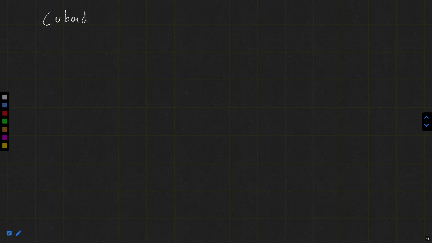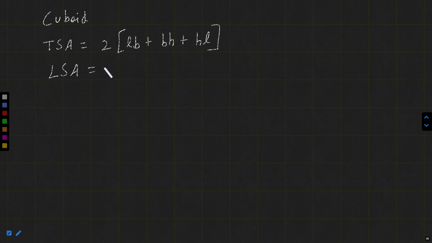So recall with me. The cuboid total surface area was equal to 2 times the length and the breadth, plus the breadth and the height, plus the height and the length. Clear? Now the lateral surface area was the area for the 4 walls of a room.